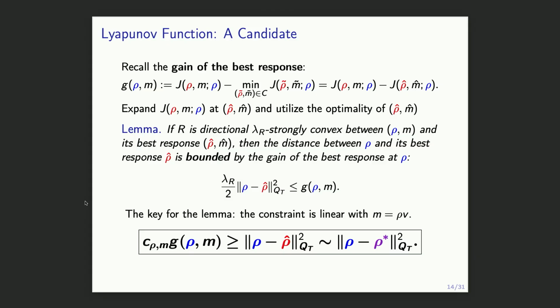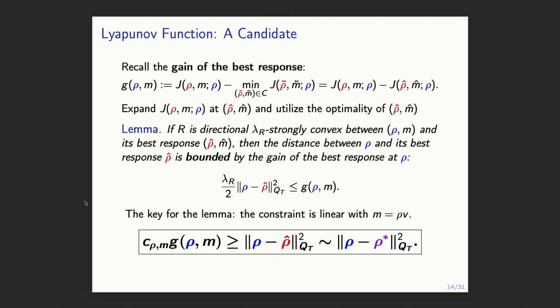The proof idea is also very simple, and the key to get this result is the constraint being linear. So my friend in optimization told me if you have a linear constraint, it's almost like no constraint.